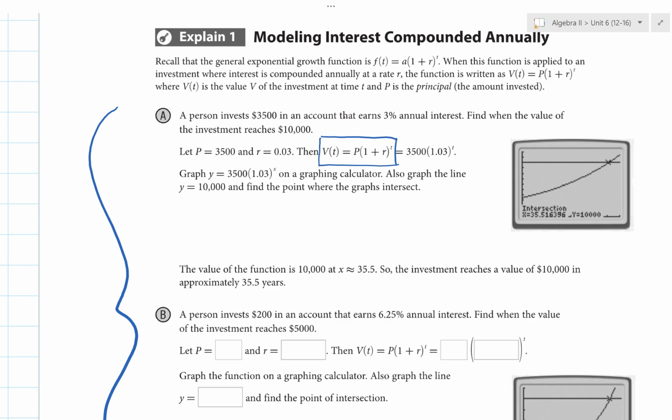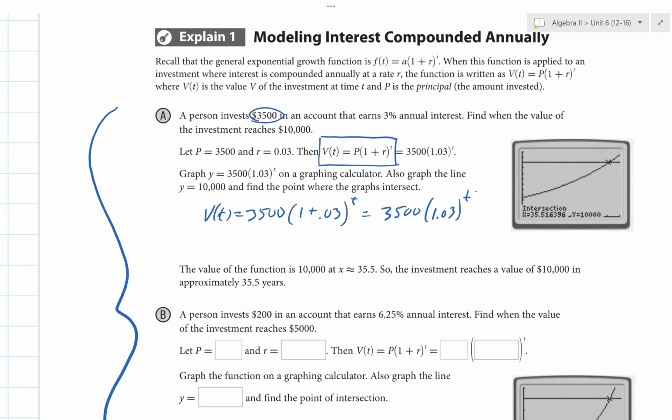So for this example, we're investing $3,500. And the interest rate is 3%, so that's going to be 1 plus 0.03 raised to the t power. And we can simplify that and write 3,500 times 1.03 to the t power.